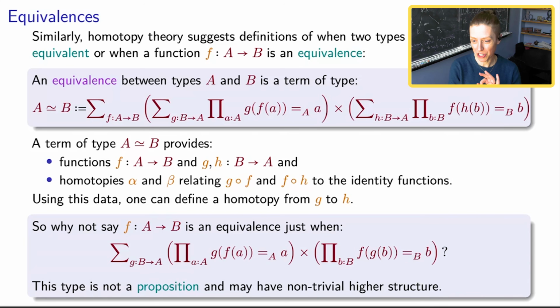The thing that's a proposition is the type that asserts that a given function f is an equivalence. So in the first case, any two proofs that a given function f is an equivalence are equal up to homotopy. In the second case, that's not the case. I can have two different inverses to f, using the data of the second definition, that are not equal. And so this type is less well behaved because it potentially has non-trivial higher structure, depending on what the types A and B are.